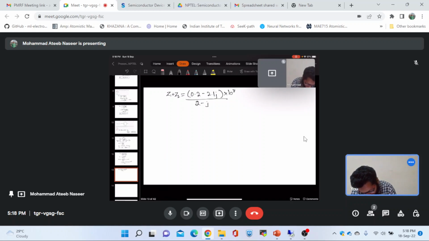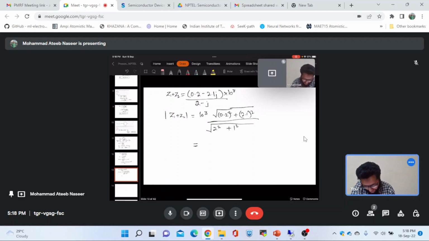Now the magnitude of this impedance will simply be given by 10 to the power 3 times the square root of (0.2 square plus 2.1 square) divided by (2 square plus 1 square) under root.